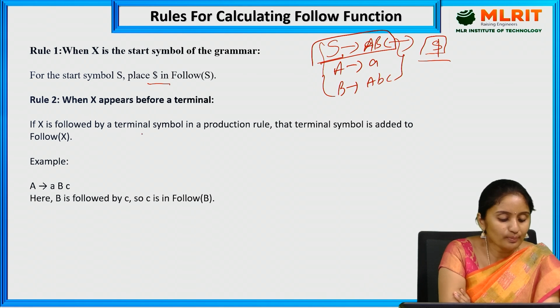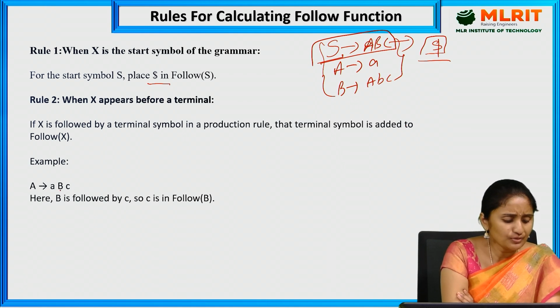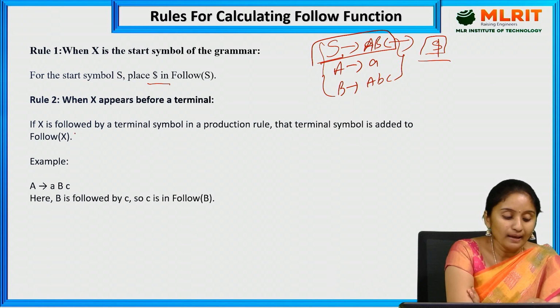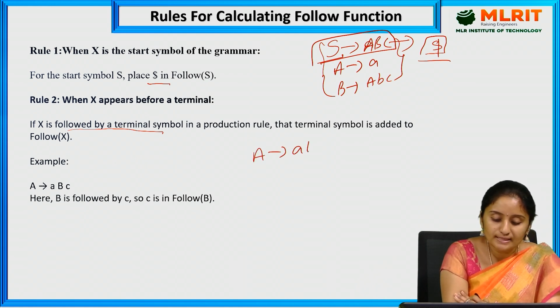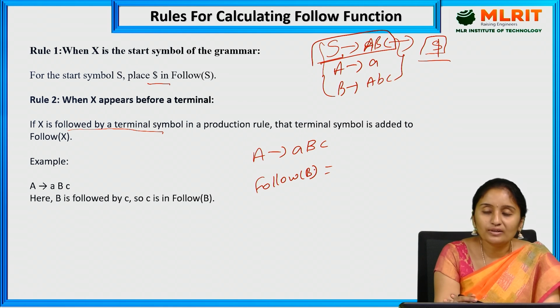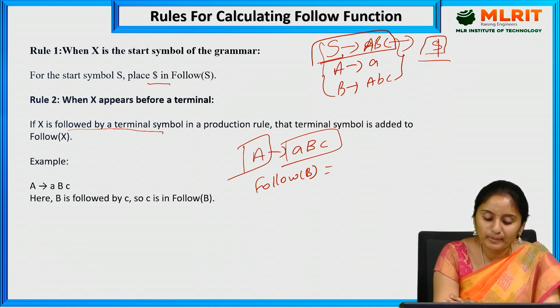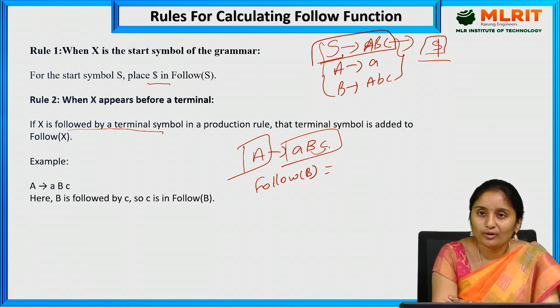When X is followed by a terminal symbol in a production, the terminal is added to follow of X. Example, A produces A B C. Now I want to calculate follow of B. I told you that for the follow function we concentrate on the RHS part, while for the first function we concentrate on the LHS part. So follow of B is nothing but what comes after B. The non-terminal is following which one? That is follow of B.